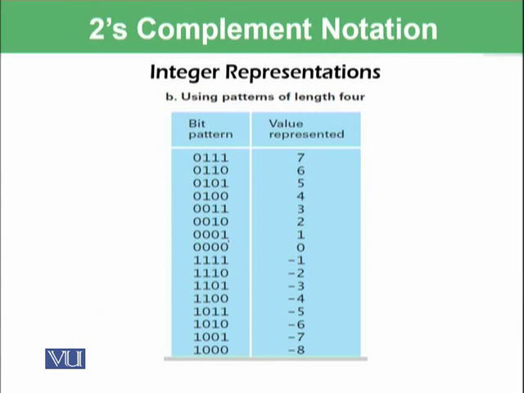From 0 to 7, we represent the same way as we were displaying in the decimal and binary notation previously. But 1111, which is actually 15 in decimal, will represent the value of -1 using 4 bits. And similarly, as I was telling you, computers use 32 bits.